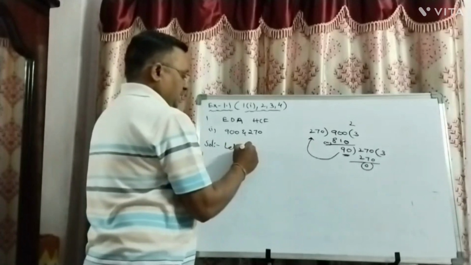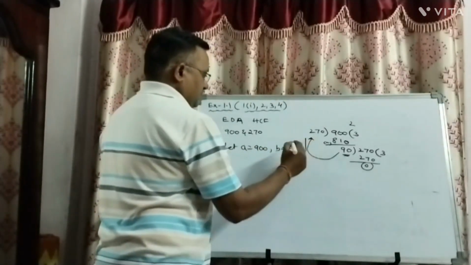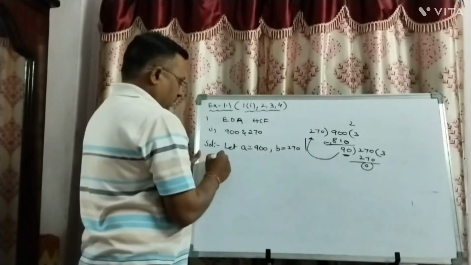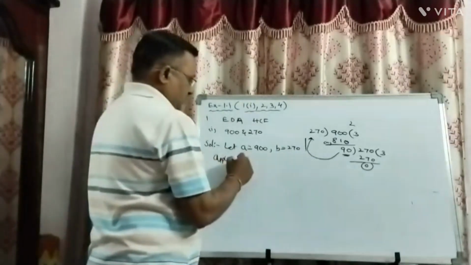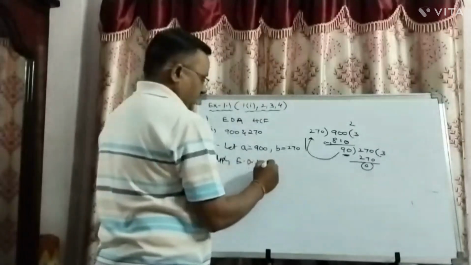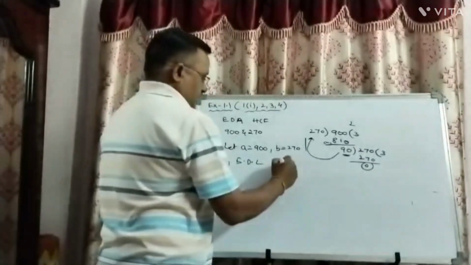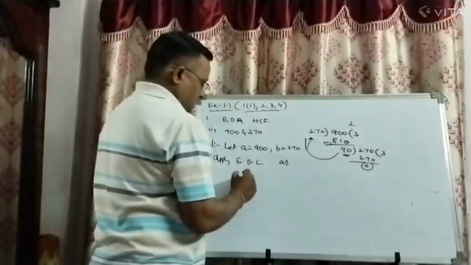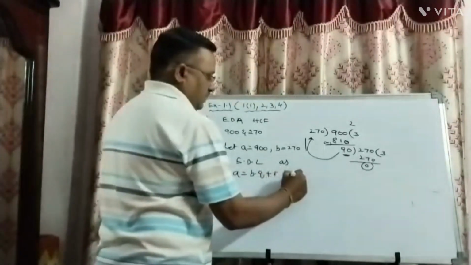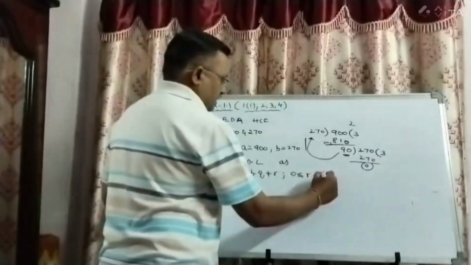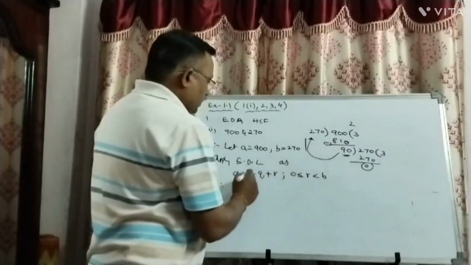Apply Euclid's division lemma as a is equal to b into q plus r, where 0 less than or equal to r less than b.